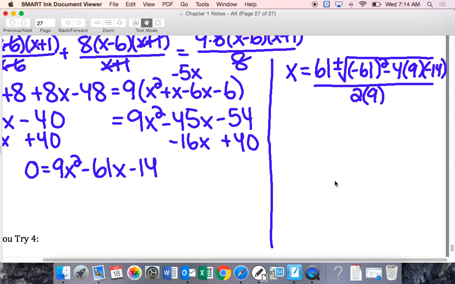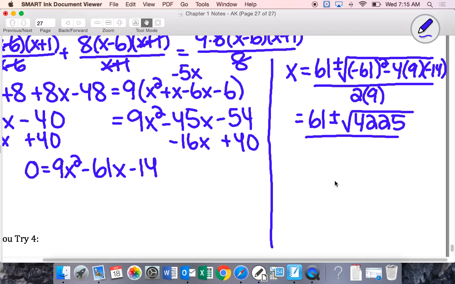So type in the inside of your radical into your calculator. And I've got 4,225 over 18. We can take that square root, and I get 65.